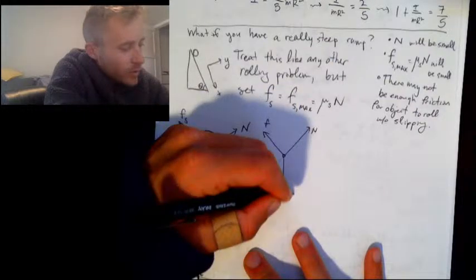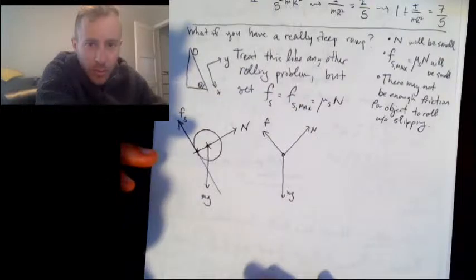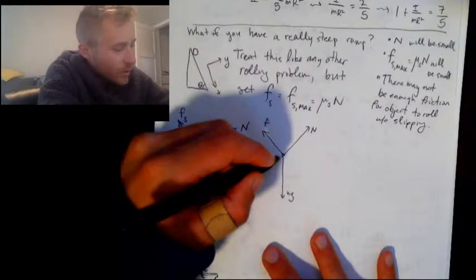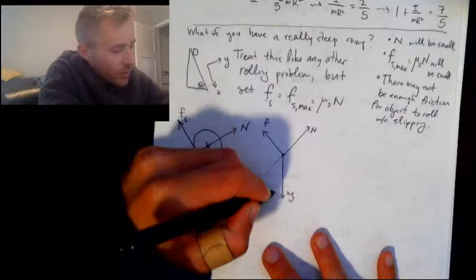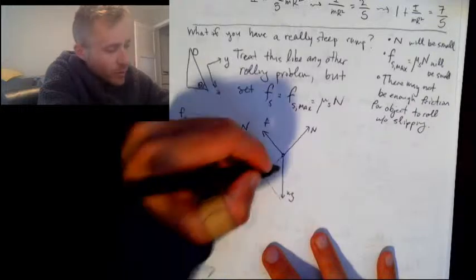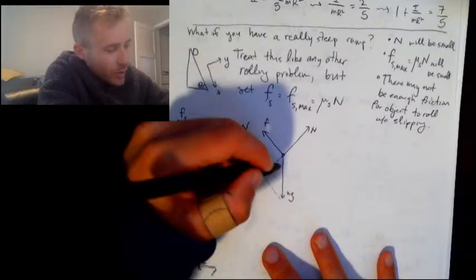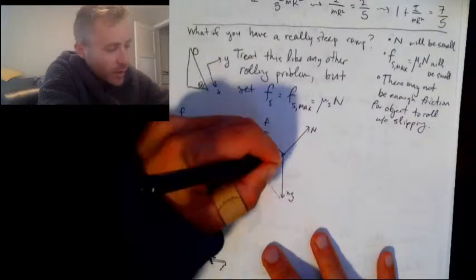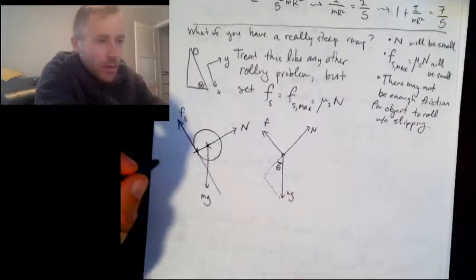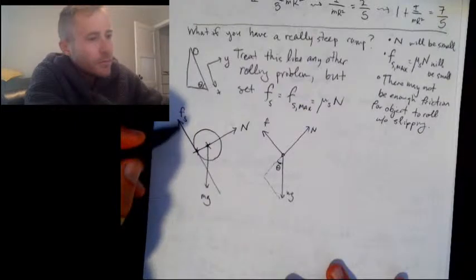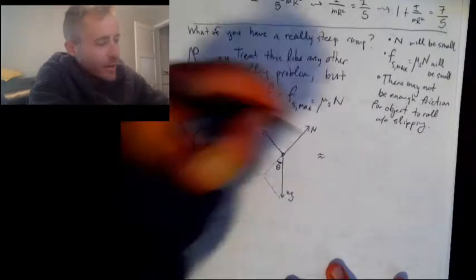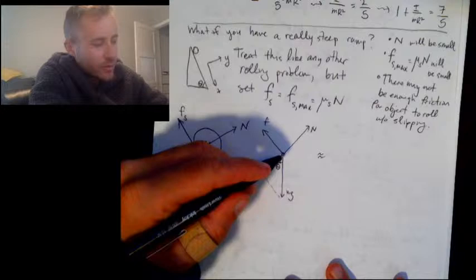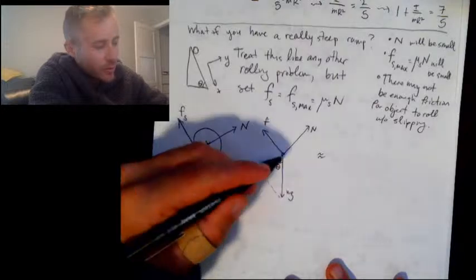And then when we learned about these types of problems, inclined plane problems, we were able to show with geometry that if this is the angle the incline makes with the horizontal, then this angle will also be theta. Okay. So then I can take this force, the weight force, and break it up into components.